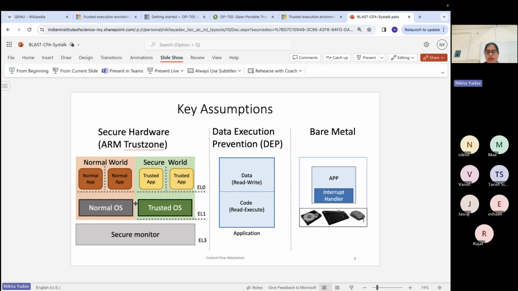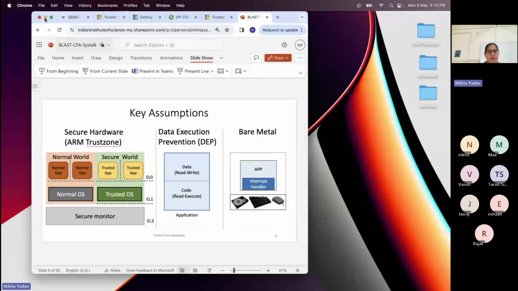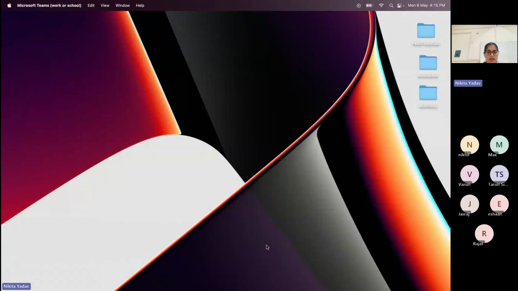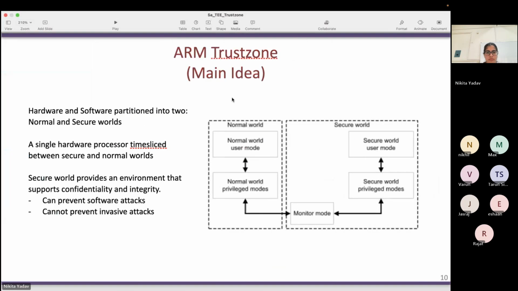In EL1, your OSs are running in both normal and secure world, and EL3 is where the secure monitor is running. So this is your ARM TrustZone, and in terms of the protection rings, that's how these will be placed in layers. That's how the software is placed in the normal world and the secure world.